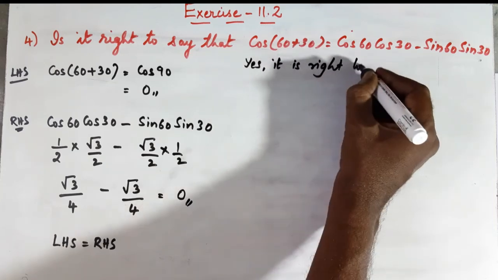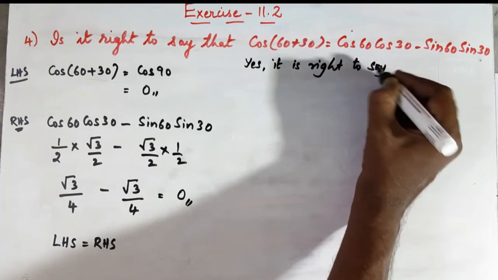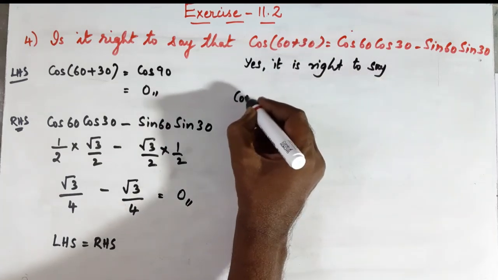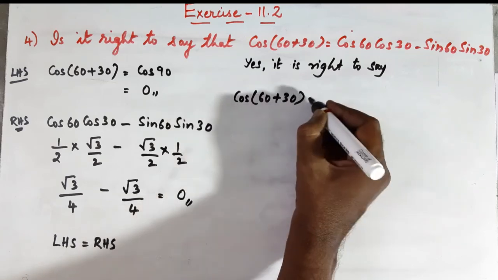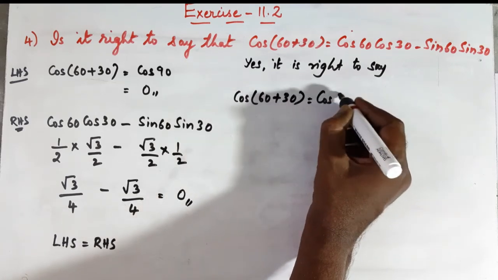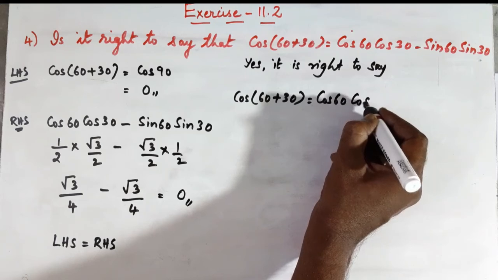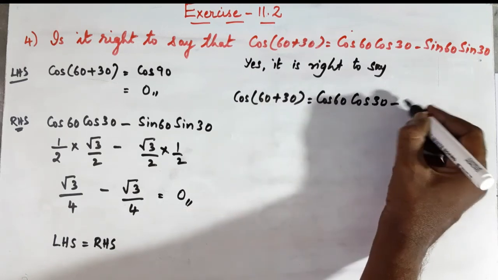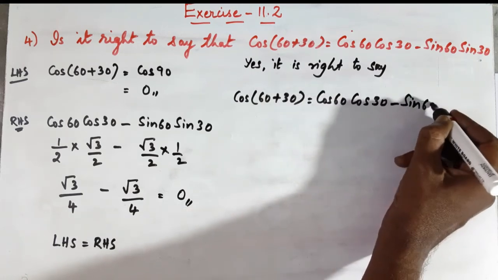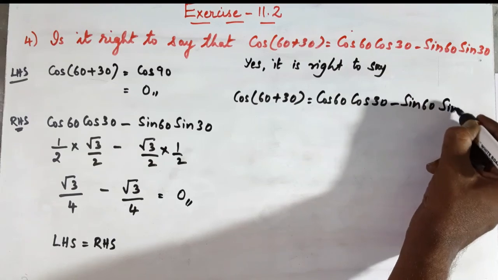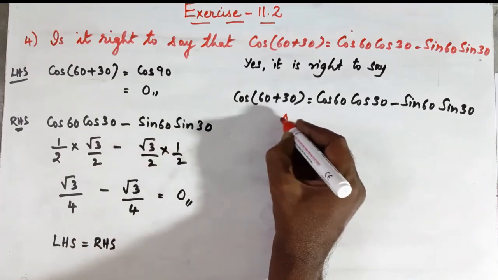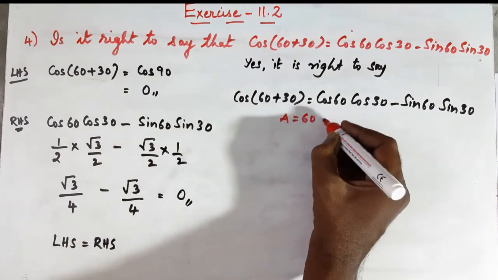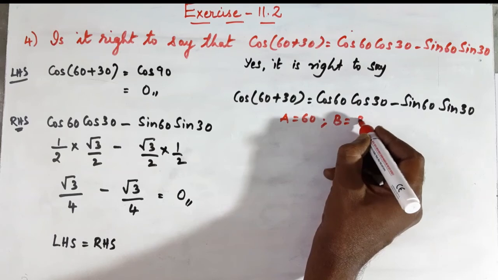It is right to say cos 60 plus 30 is equal to cos 60 cos 30 minus sin 60 sin 30. So from this we can reveal another formula. Let us assume A is equal to 60 degrees, B is equal to 30 degrees.